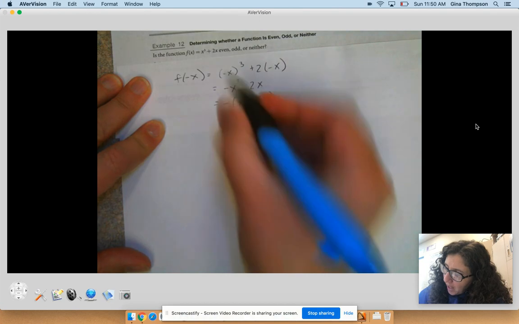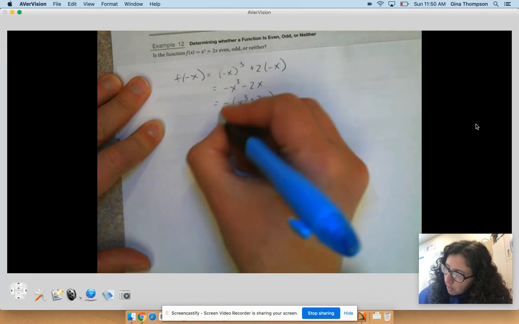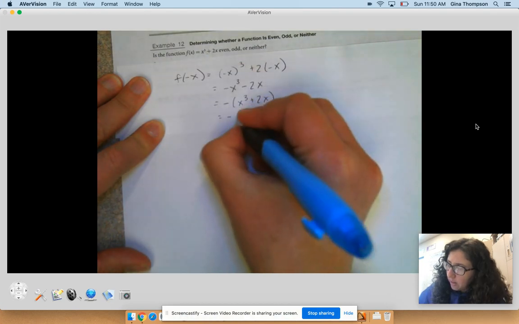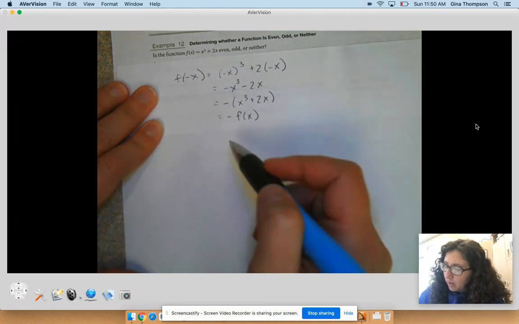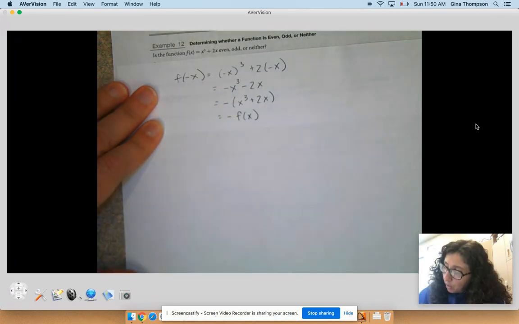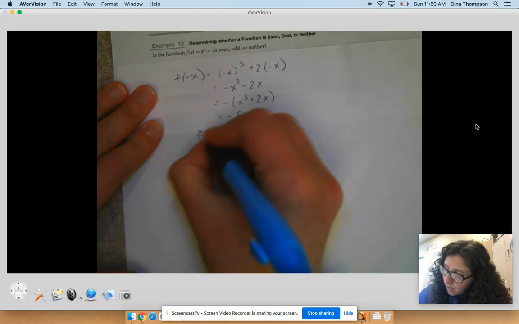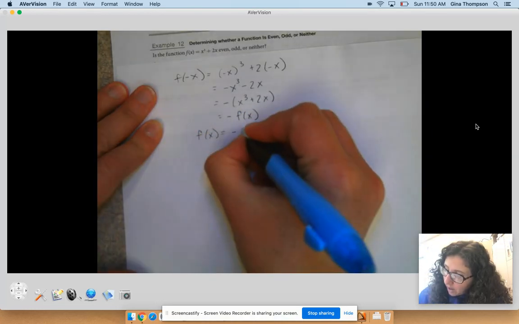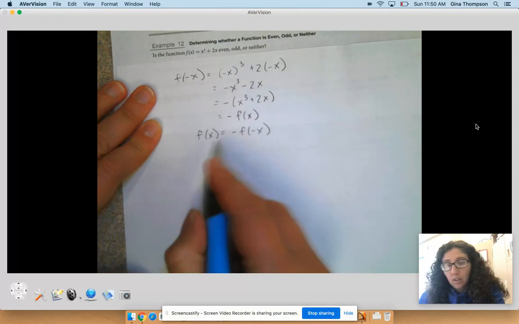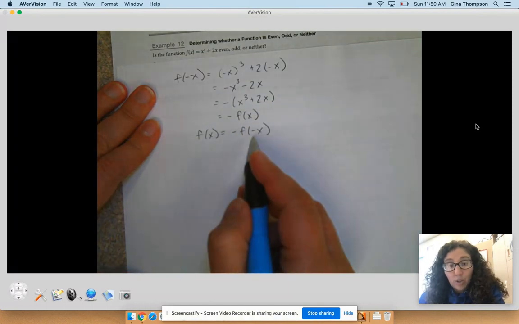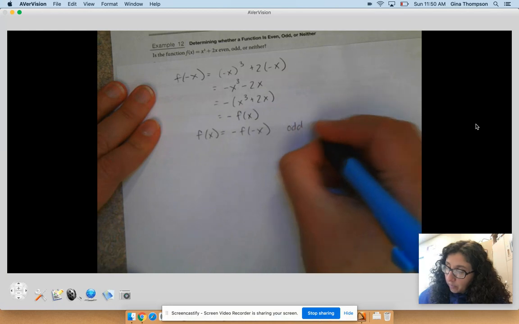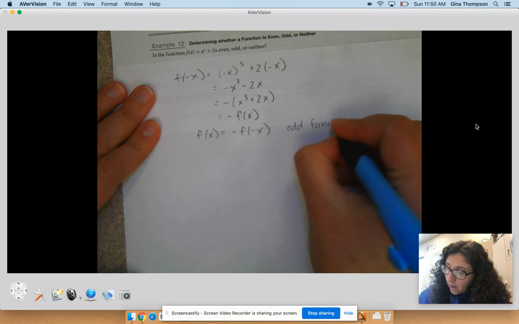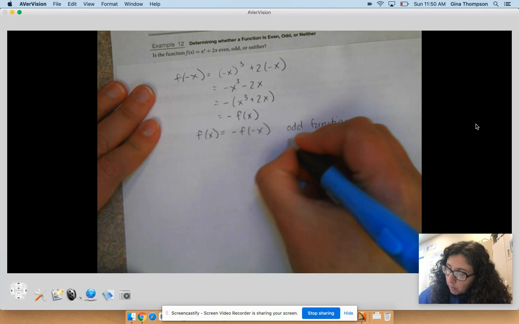Oh, and look, that is our original function. So this is minus f of x. So f of minus x equals negative f of x, or we could write that using the definition they give us, f of x equals negative f of -x, right? And that should look familiar. That means that this is an odd function. And it has origin symmetry.